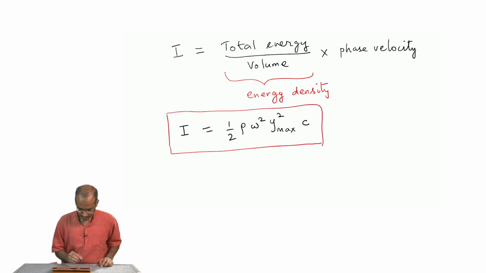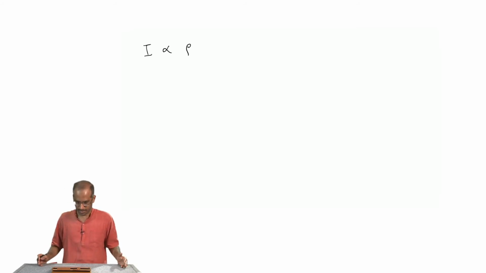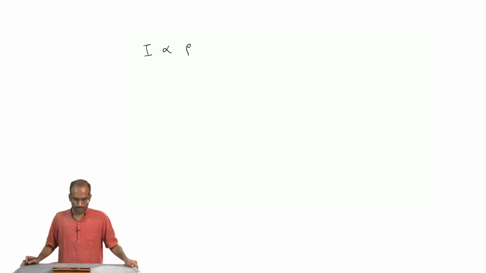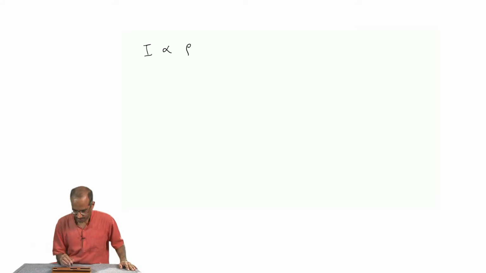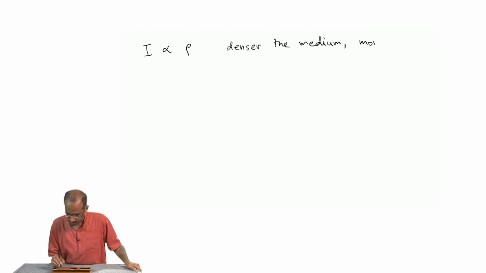Now, let us collect this information together. First, the intensity of sound is directly proportional to the density. Clearly, it tells me that the denser the medium, the more intense is the sound, or the more intense is the wave.